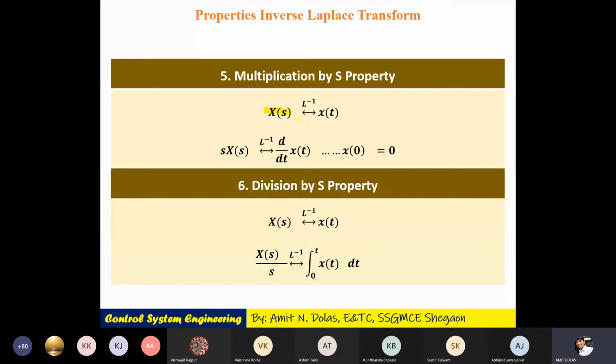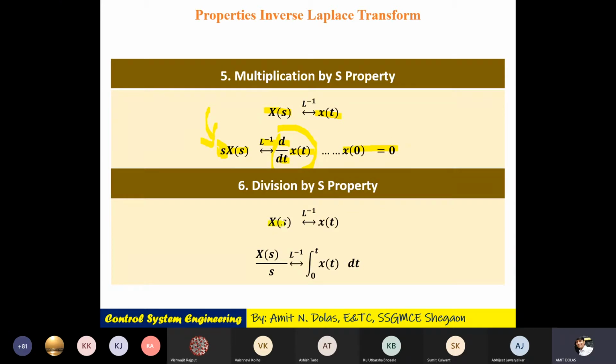Then the multiplication by s property. X of s has inverse Laplace x of t. If we multiply x of s by s, the inverse will be the derivative, d by dt of x of t, where the initial conditions are assumed to be 0, that is x of 0 is equal to 0.